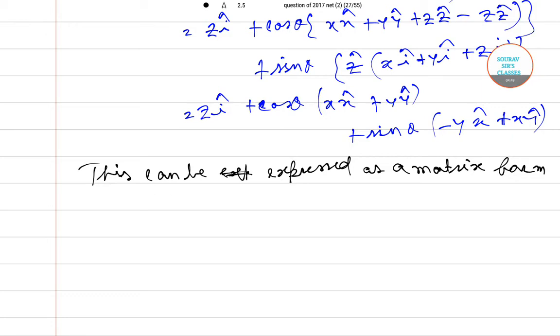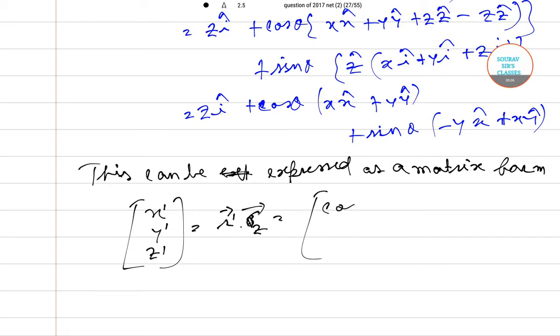So we can write it as x', y', z' equals r' vector dot sigma vector. This equals cos theta, minus sin theta, here this is sin theta, this is cos theta, and this is 0 and also 0 here, and so on.